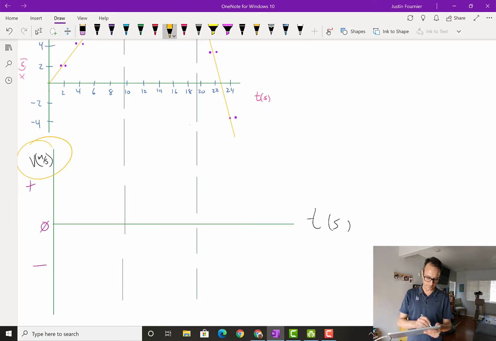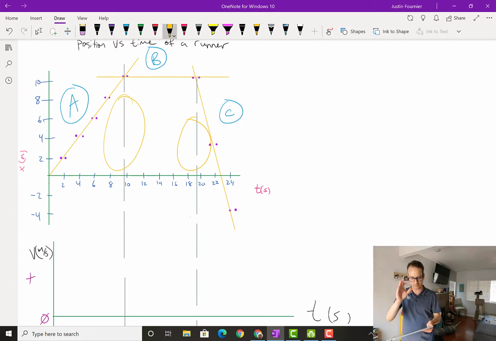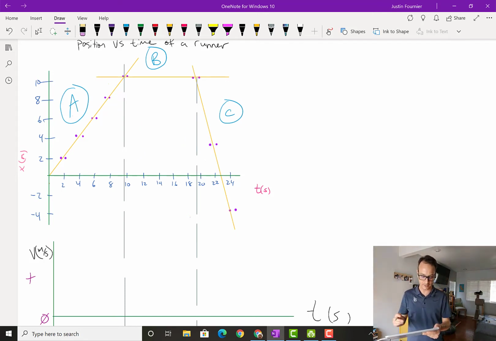So this is velocity versus time. Here's my origin, my 0. Here's positive velocities. Here's negative velocities right there. And then lastly, I got these dotted lines to identify distinct points where the velocity is abruptly changing. We're being a bit unrealistic here and saying the velocity is suddenly going to shift really quickly into another velocity.